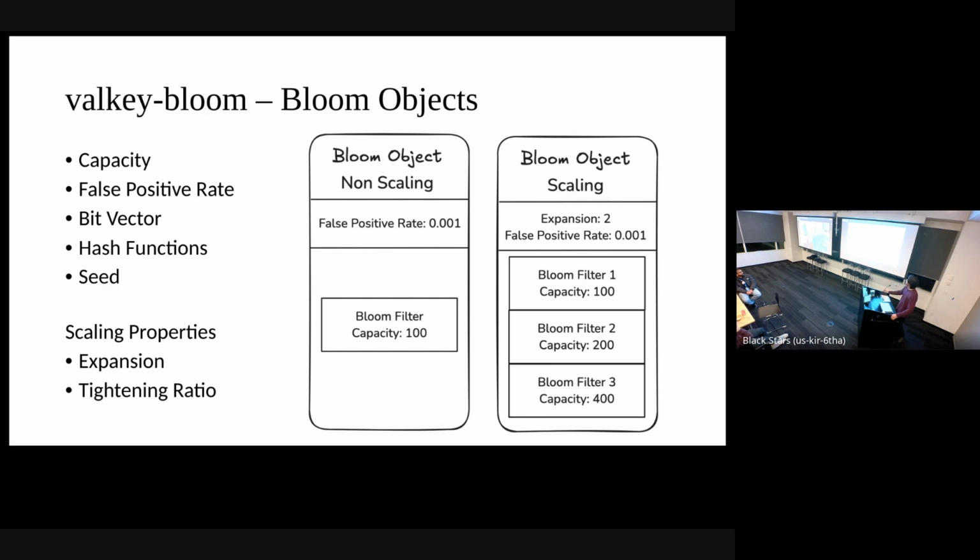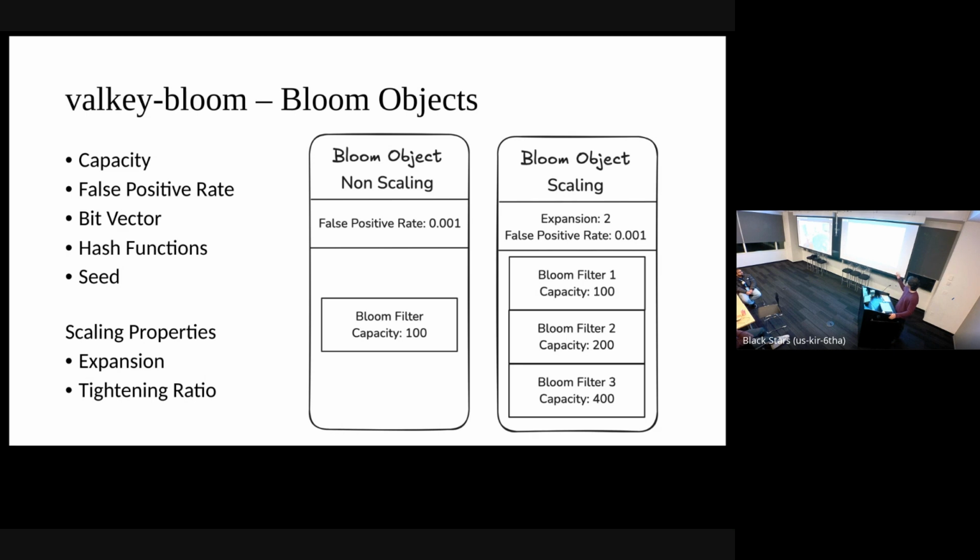So you just provide a false positive rate and a capacity. In this case, if the capacity is 100, you can add 100 items to this. And when I add another item that gets detected as a new item, that item add would fail. It would get rejected, saying that it's already reached its capacity.